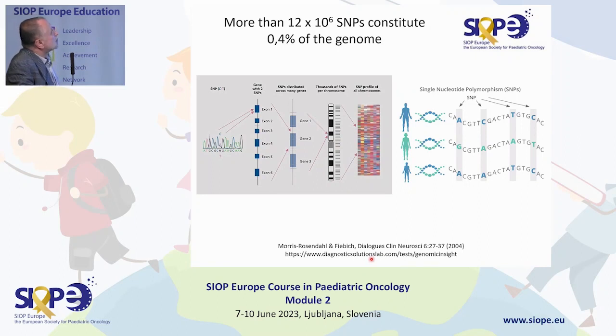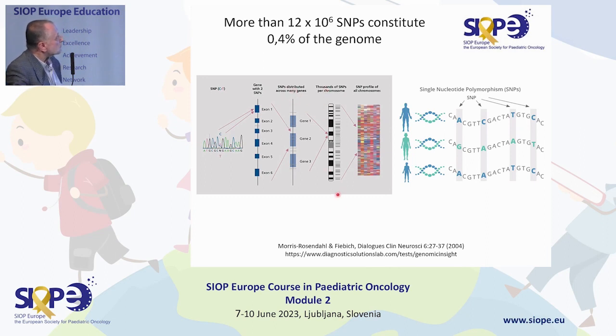And in the genome, we have more than about 12 million SNPs, many more now, because they have now sequenced all the populations and put them together, which are approximately 0.4% of the whole genome. And you have it distributed all over the genes in the exons, but also most of them are in the introns located.